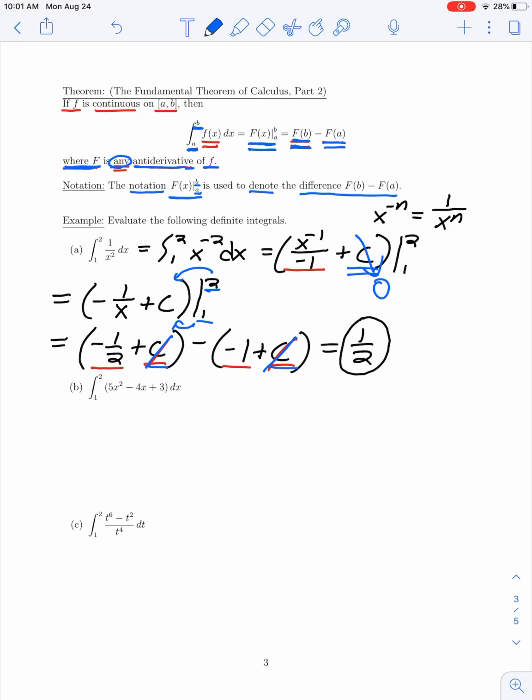Or in other words, we don't need to explicitly write the plus c. We can work with any antiderivative. So let's take the one where the constant c is 0. So either way that we prefer to think about this justification, the point that I want to make in this example is that for definite integrals, you do not need to write the plus c term when you're finding your antiderivative. So from this point forward, moving through the course, we will never write the plus c for definite integrals.